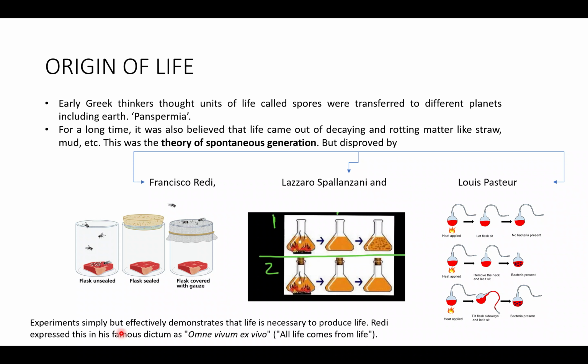Redi gave a theory that omne vivum ex vivo, that all life comes from pre-existing life only. So one life can only give rise to another life. For example, the outside environment has microbes, and only when they come in contact with a suitable environment can they lay eggs or multiply, and then life originates from them. Simply said, all life comes from life.